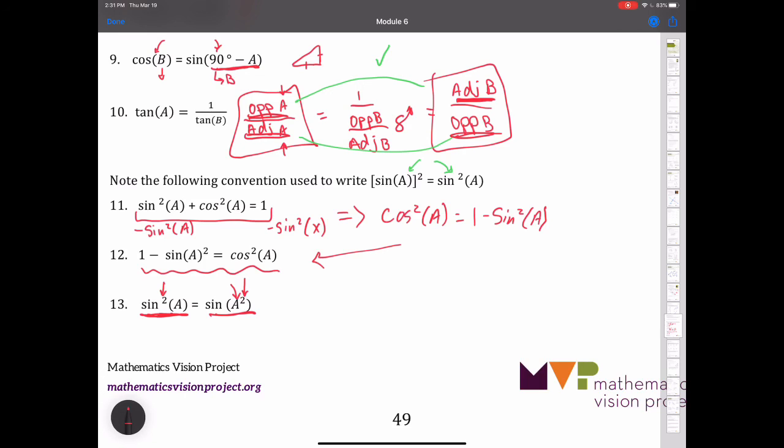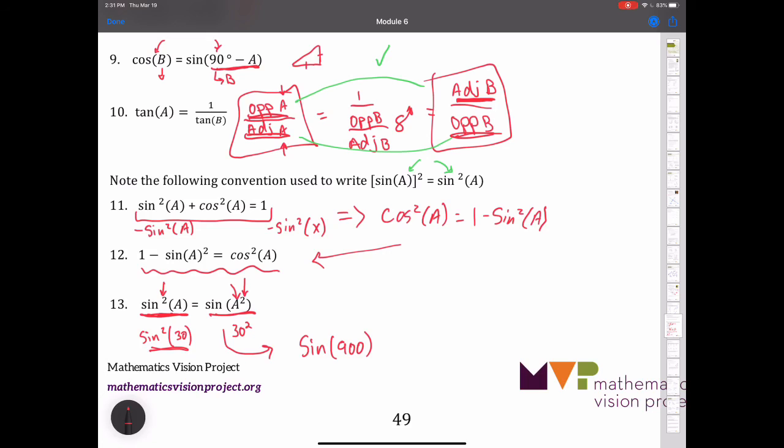If we were to say that that angle is 30 and we're squaring it, do you think that that will be the same thing as sine squared of angle 30? Because this really will be saying sine of 900. Woo. Well, this one's just saying sine squared of 30, right?